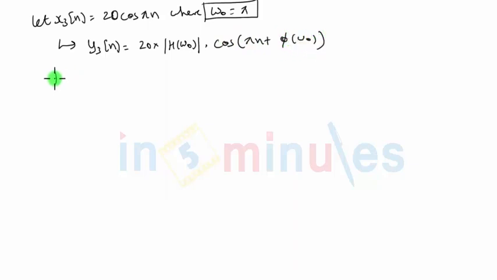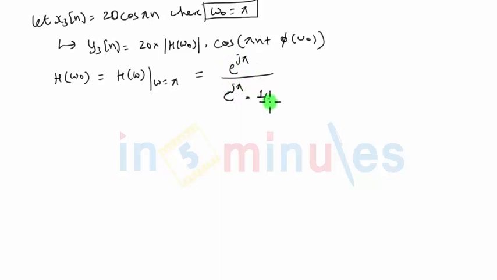So let's first find out H of omega naught, which will be H of omega at omega equal to omega naught, which is pi, which will be equal to e raised to j pi upon e raised to j pi minus half, and this will further be equal to, e raised to j pi is cos pi plus j sin pi. Cos pi is minus 1, sin pi is 0, so this is nothing but minus 1 upon minus 1 minus half, which will be exactly equal to 2 by 3.